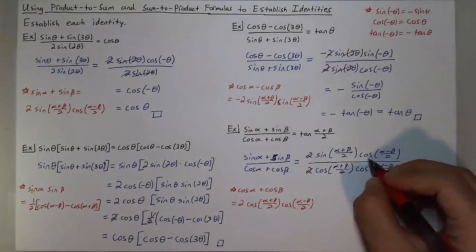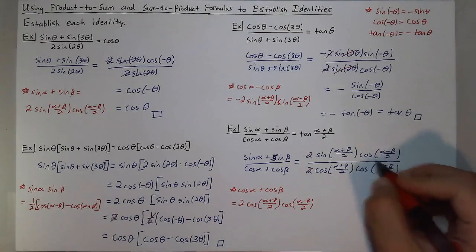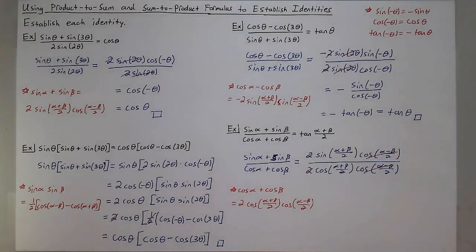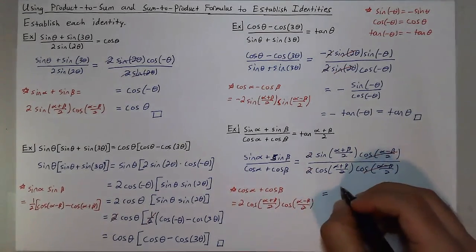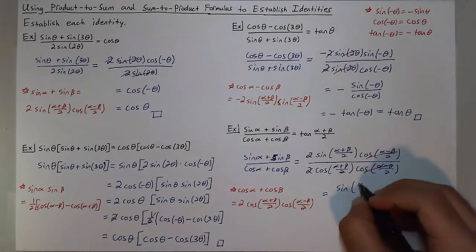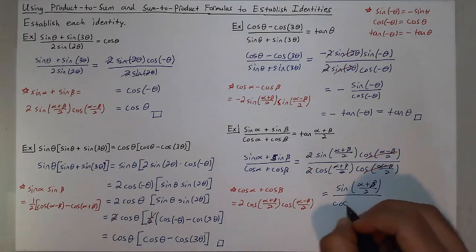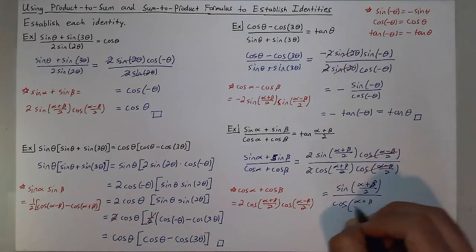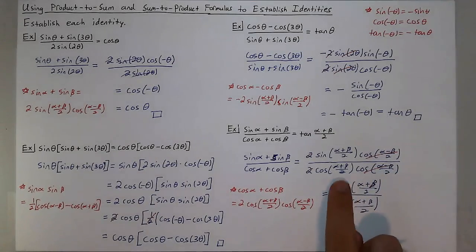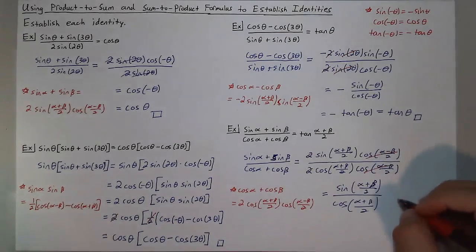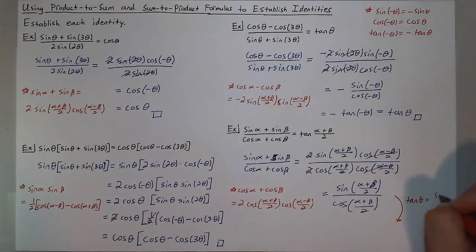And the cosine of alpha minus beta over 2, I have a 1 in my numerator and denominator, so those can cancel as well, leaving me with sine of alpha plus beta over 2 over cosine of alpha plus beta over 2, which I now have sine over cosine, but still using the quotient identity of tangent of theta is equal to sine of theta over cosine of theta.